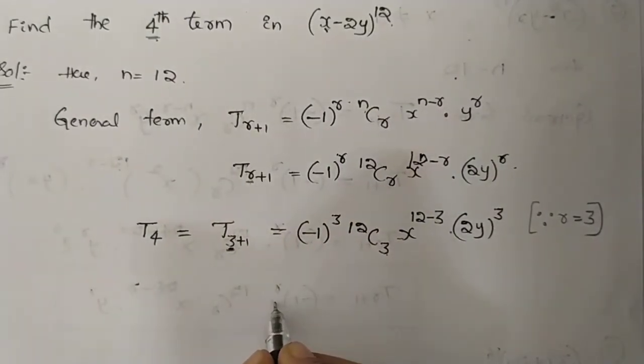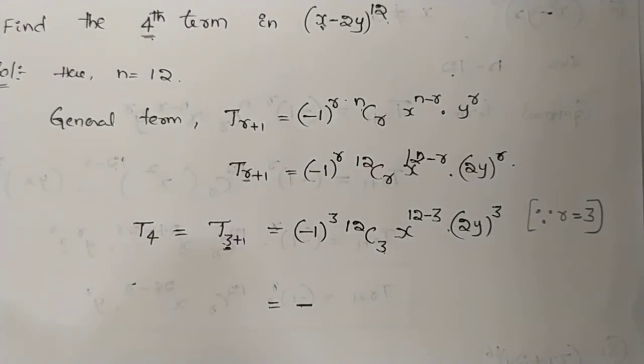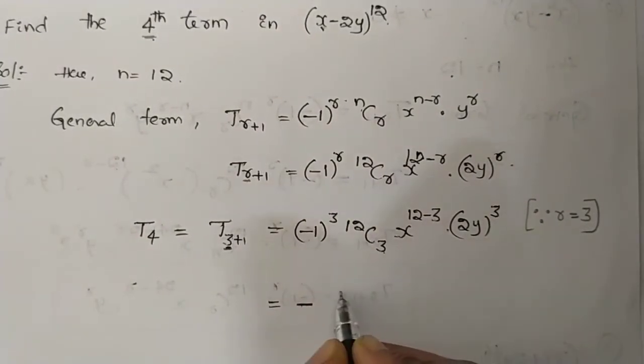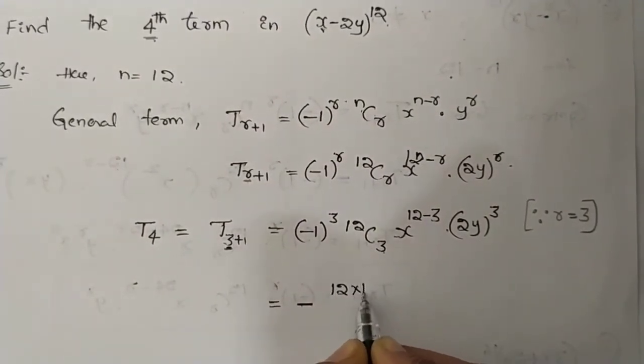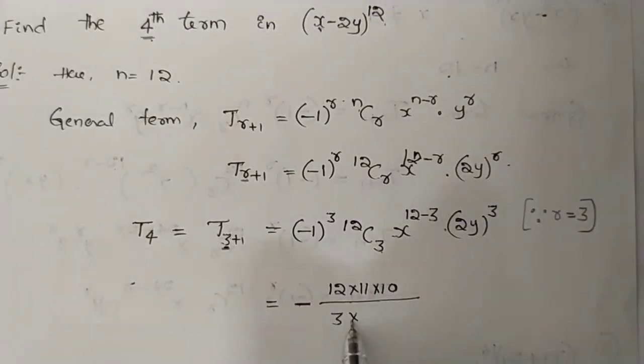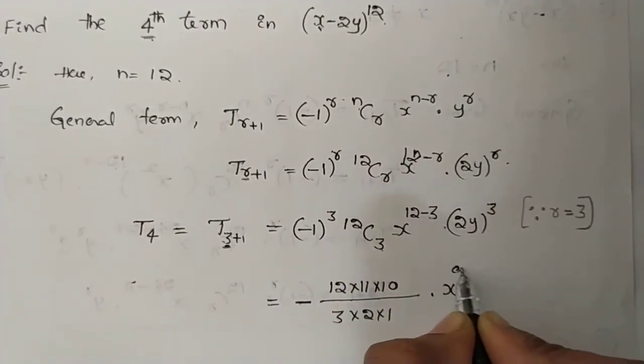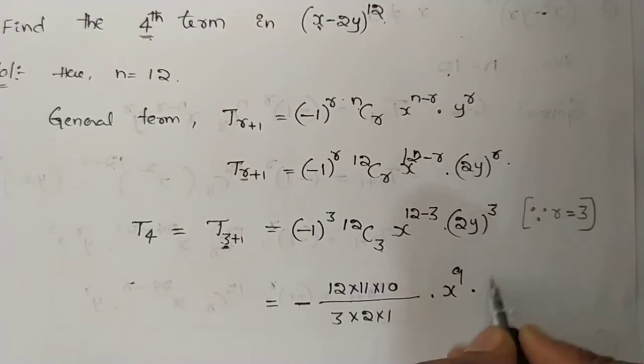Let us simplify. Minus 1 whole cube is minus. 12C3 is 12 into 11 into 10 divided by 3 into 2 into 1, into x power 12 minus 3 is 9, into 2 cube y cube.